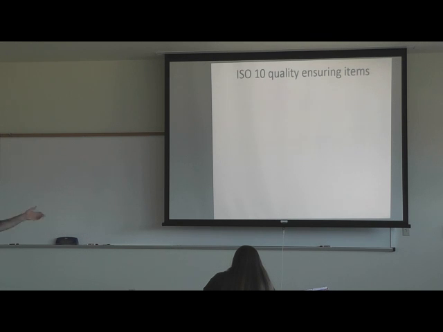So ISO came up with these 10 quality ensuring items. The first one is having an effective quality system. What are quality systems?